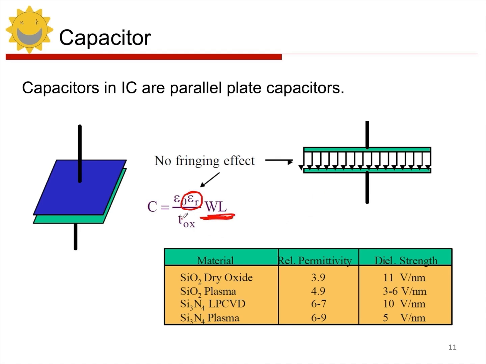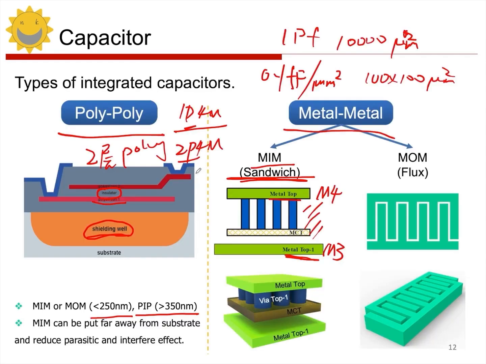So what can I do? I need to reduce the thickness of the insulation. Once the thickness of the dielectric is reduced, the capacitance density will increase, right? So how can we reduce the distance, right? The distance between M3 and M4 is fixed, and the process is fixed. So what can we do?